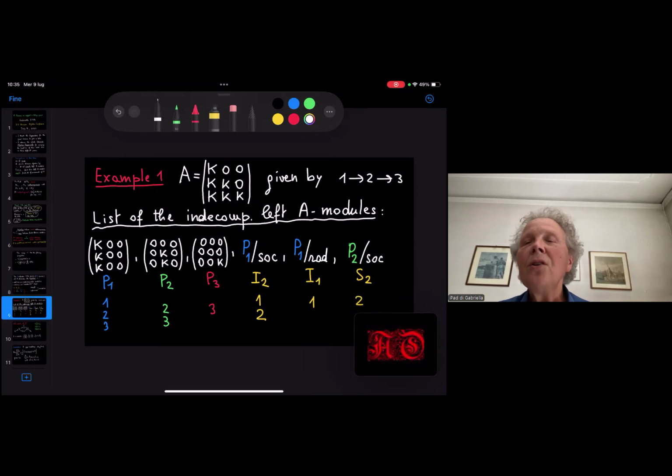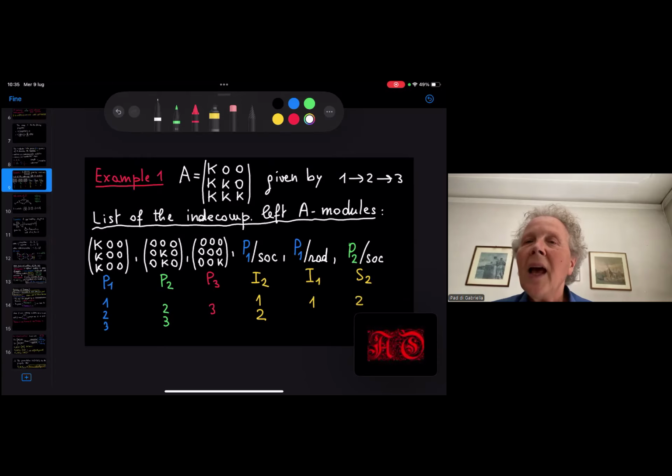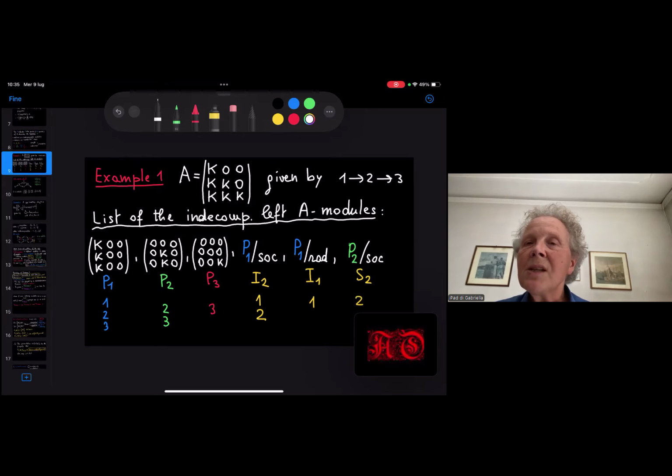An example to explain the convention used to describe indecomposable modules. I take in this first example A, the 6-dimensional algebra given by all lower triangular 3 by 3 matrices. This is the path algebra of a quiver with 3 vertices and 2 arrows in the same direction.